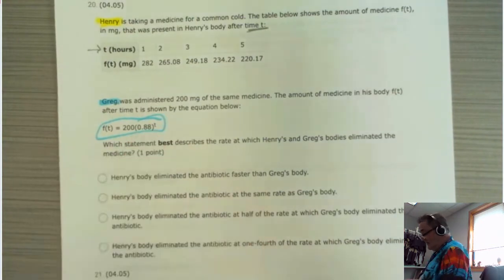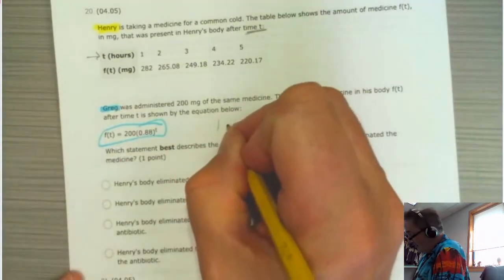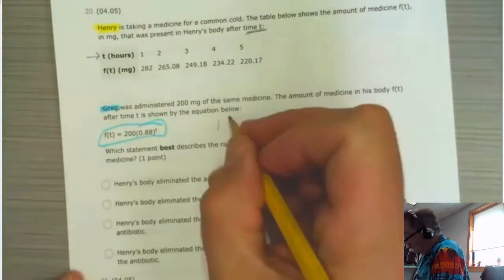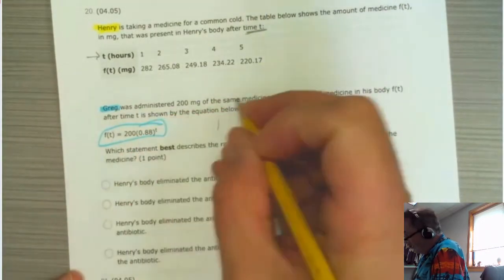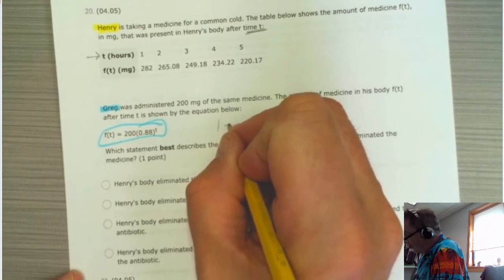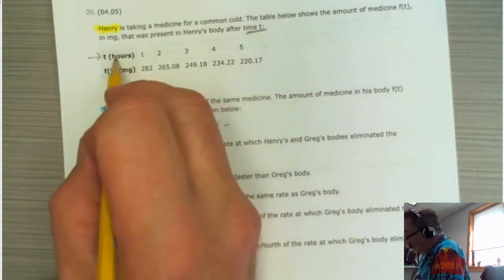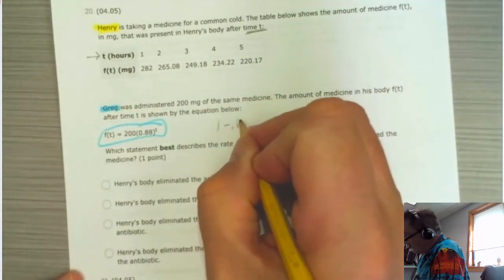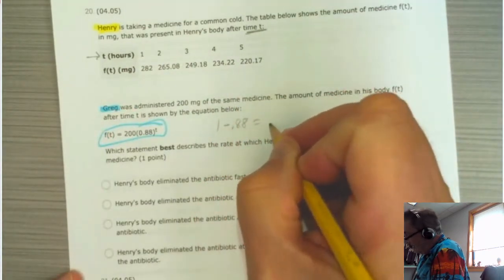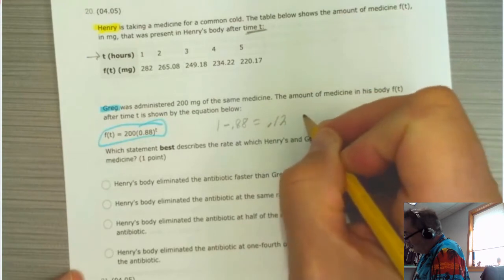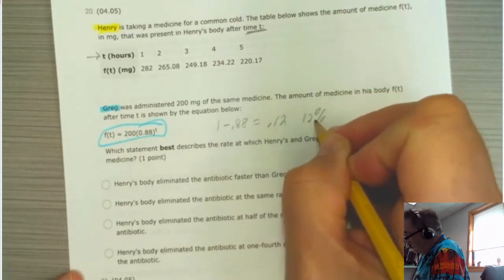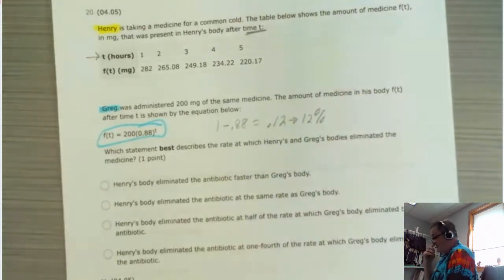If it was 1, it'd stay the same amount in his body, but he's only got 0.88 left after the first period of time. So he's losing 0.12 or 12% each hour.